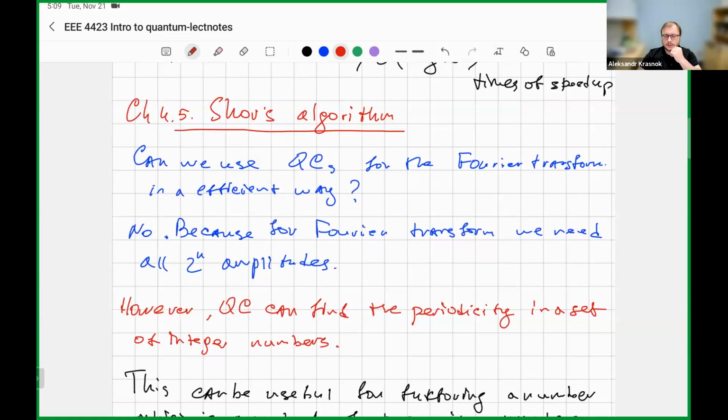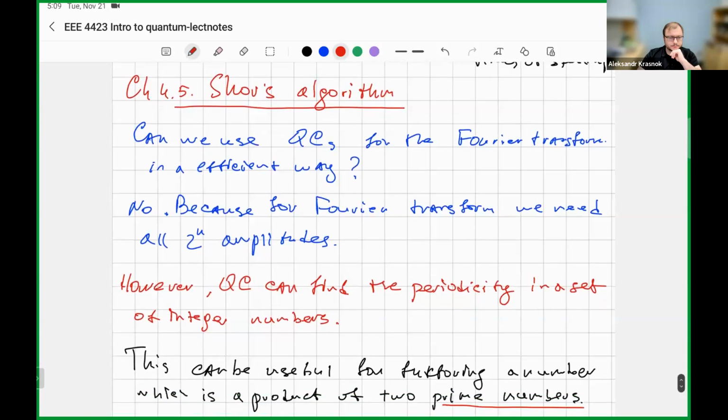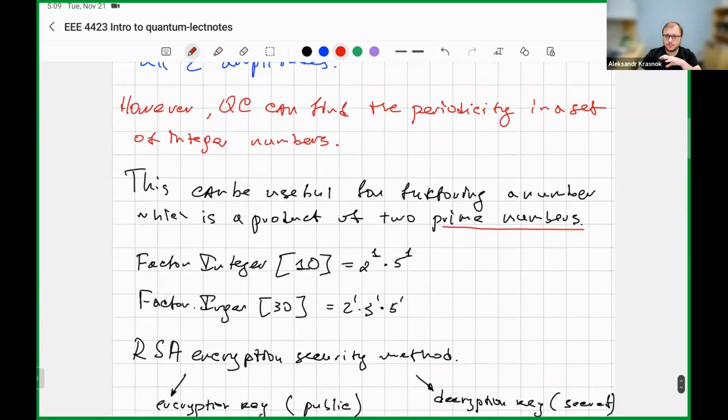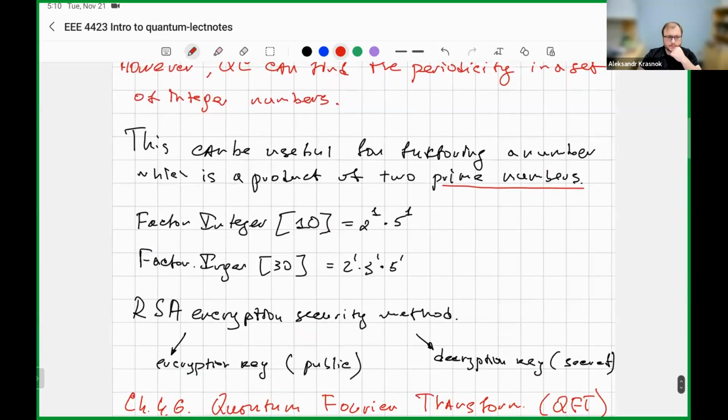It's very tightly connected to the problem of the Fourier transform of functions, and the quantum Fourier transform in particular, and it's related to finding patterns in sequences of numbers.